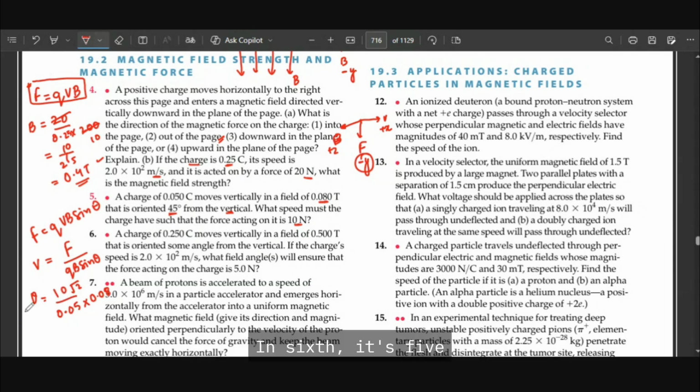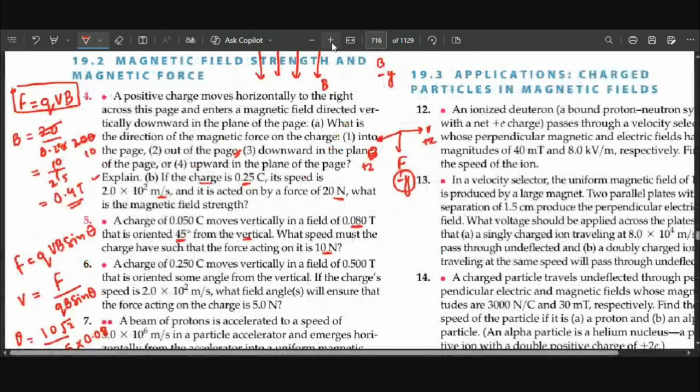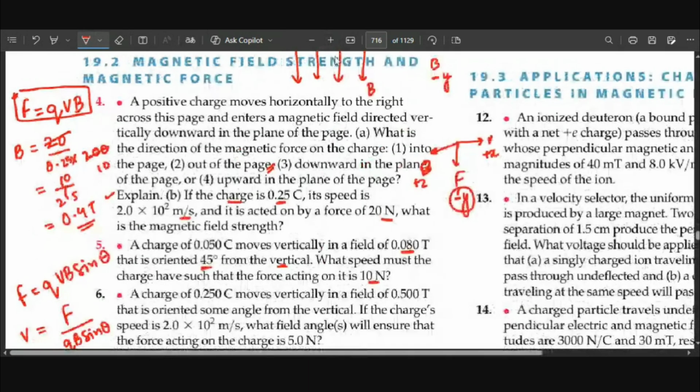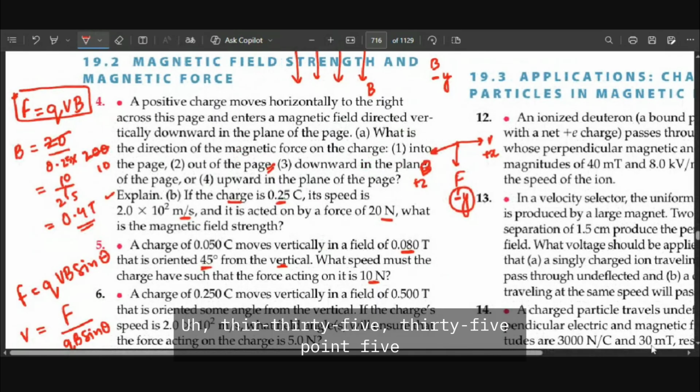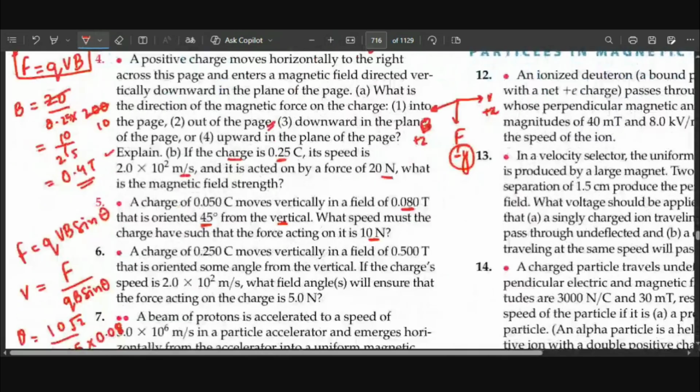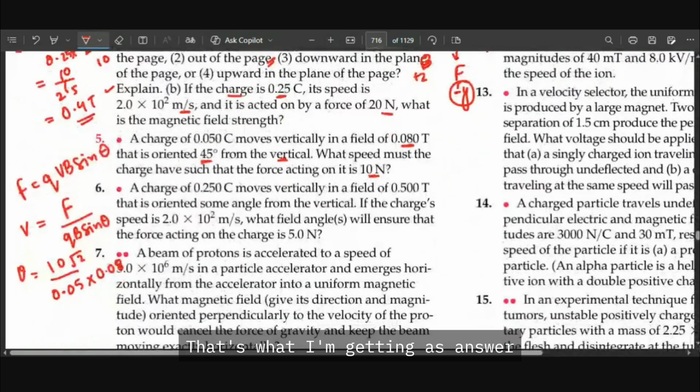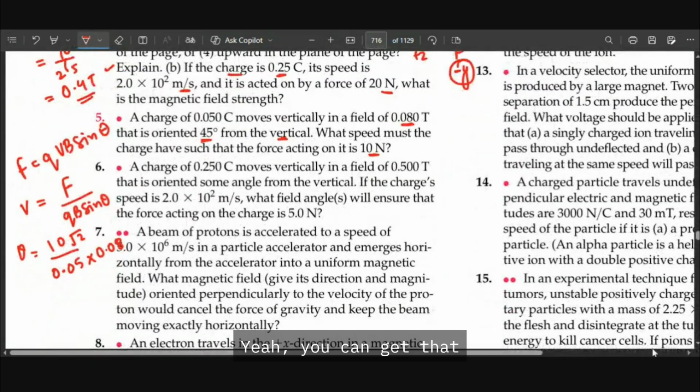In the sixth, it's 5. 35.5, that's what I'm getting as the answer. Yeah, you can get that. No issues in that. So question number four was done.